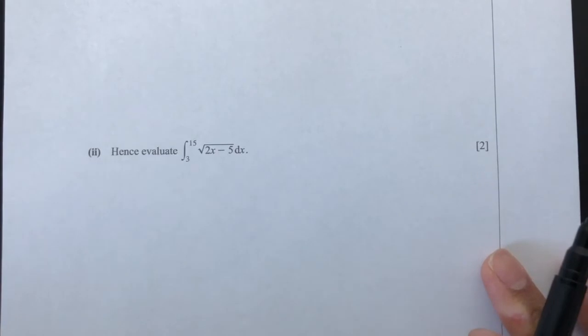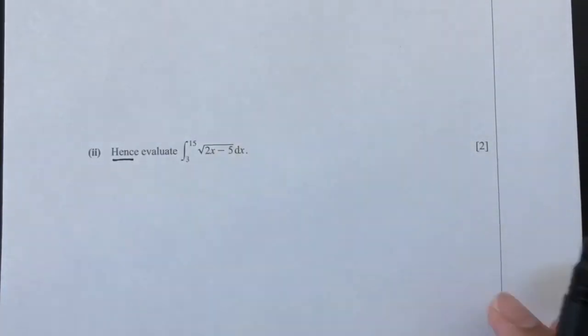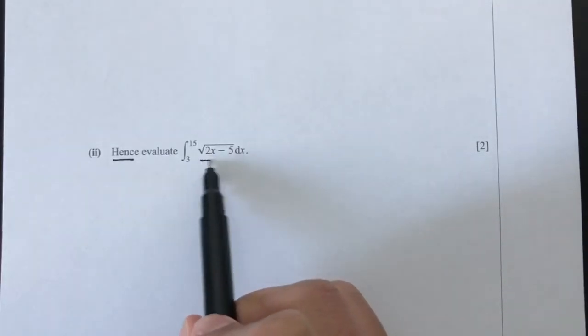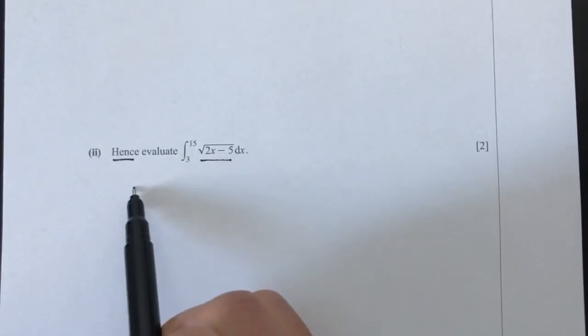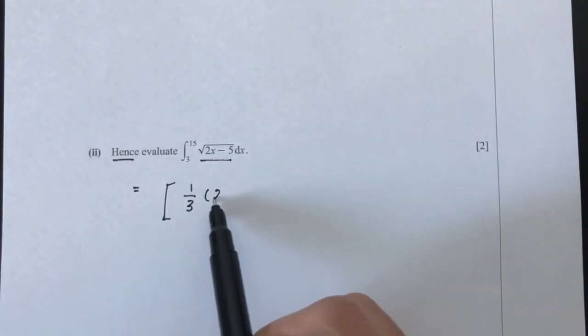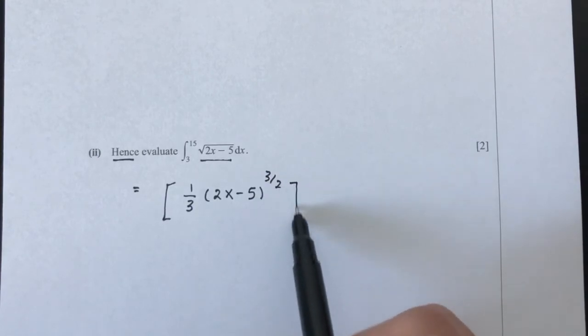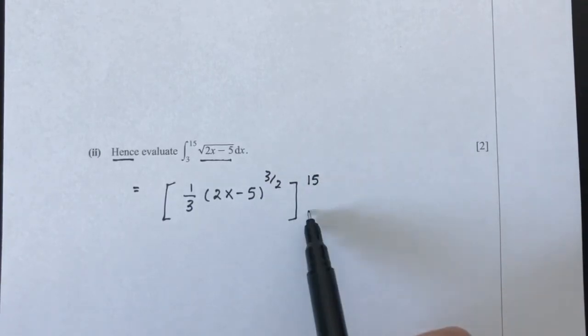Now for part 2, hence means we have to use the value from the first one. Solve this. So as you can see, it's the same thing here. So we know that this will give you 1 over 3, 2x minus 5, 3 over 2, and the limits will be 15 and 3.